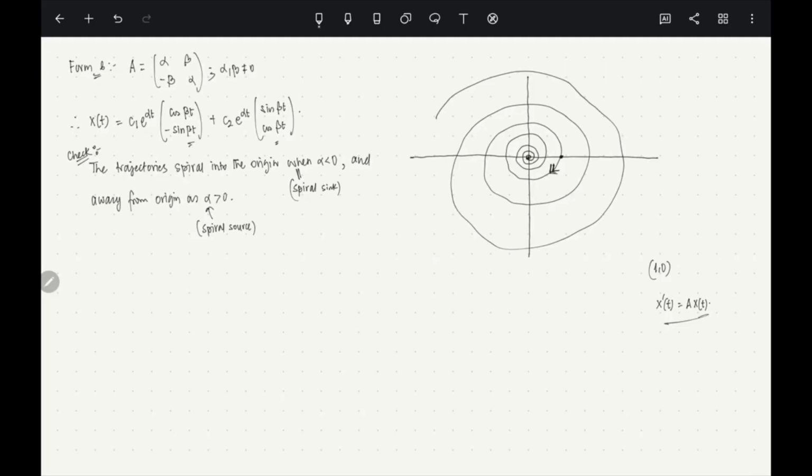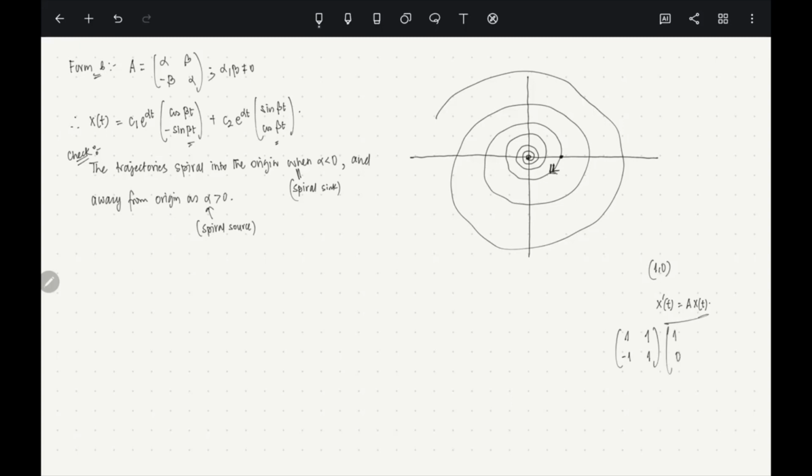Let's say alpha is 1 and beta is 1. This is one form, the matrix for which that is negative. Let me give you an example of how to calculate this. So that's your A. I want to see what this matrix does to the point (1, 0).